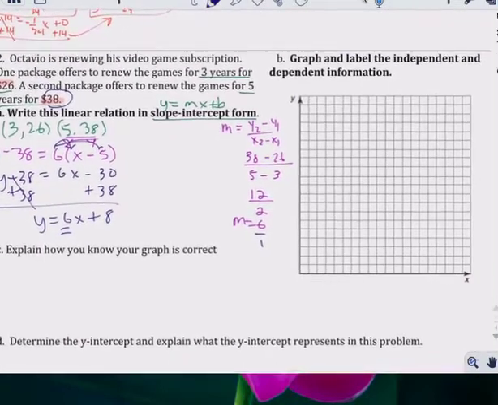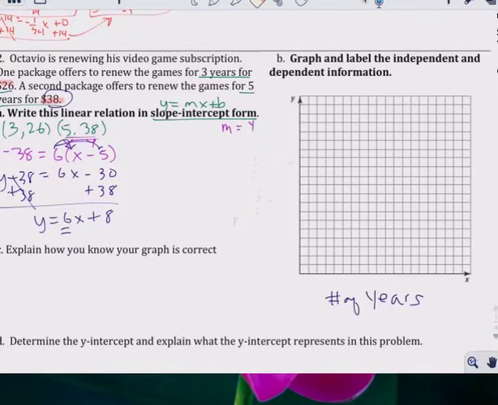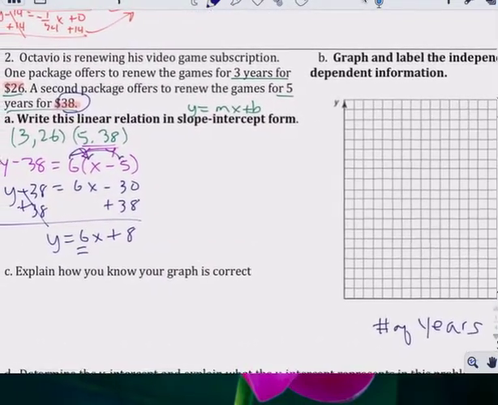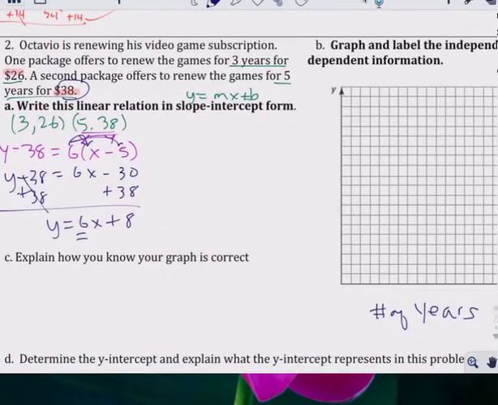The years, down here is the years, number of years. On the side here, I wrote this too close, guys. Don't write too close to the graph. Didn't realize that. Number of years, and this is cost of subscription.